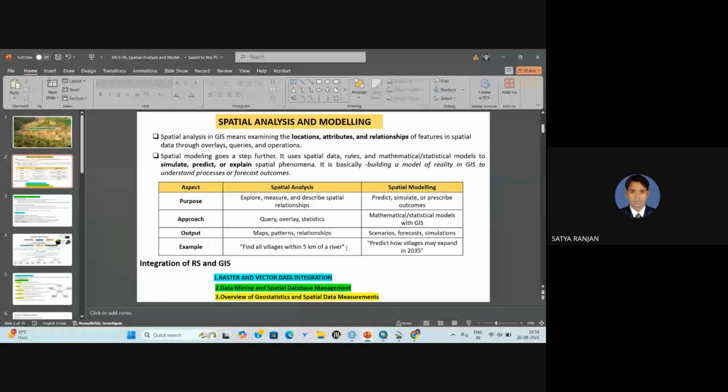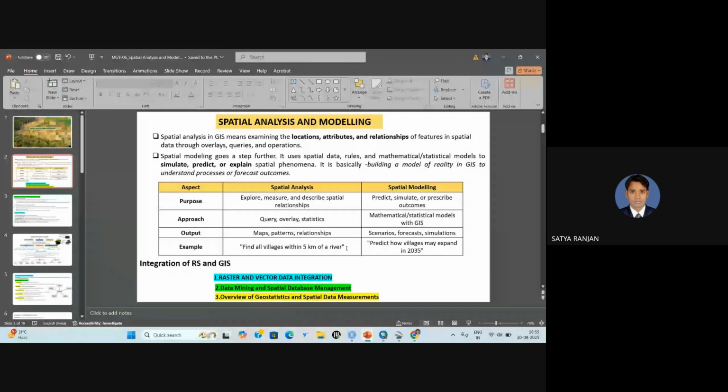Some examples of spatial analysis: find all villages within 5 kilometers of a river. If there is a particular point, then we just buffer it out. After that, we select all these villages within the buffer of 5 kilometers or 10 kilometers. This is useful for different plot based analysis, and health GIS also uses it.